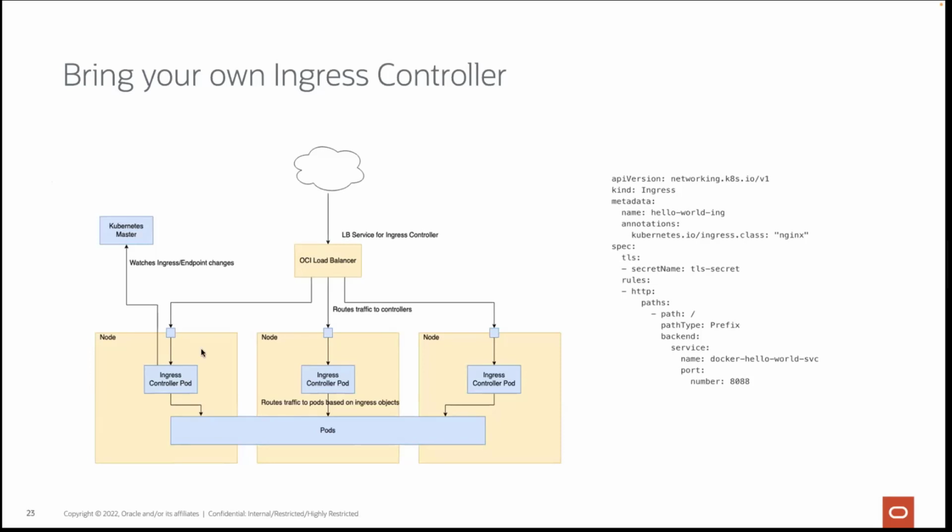The Ingress controller comprises two parts. The first part is the actual deployment of your Ingress controller pods on various nodes. I'm going to use Ingress Nginx controller as an example here. The first part deploys that Nginx image, which contains the binary for the Ingress controller and Nginx.